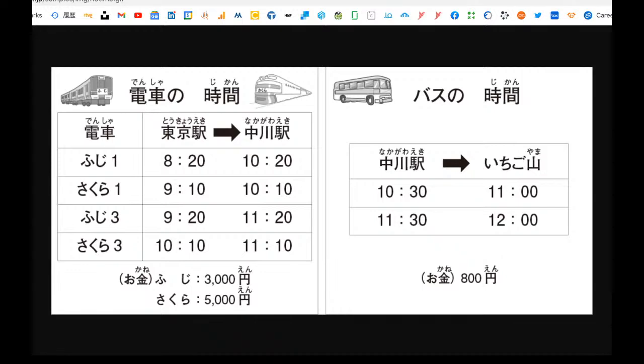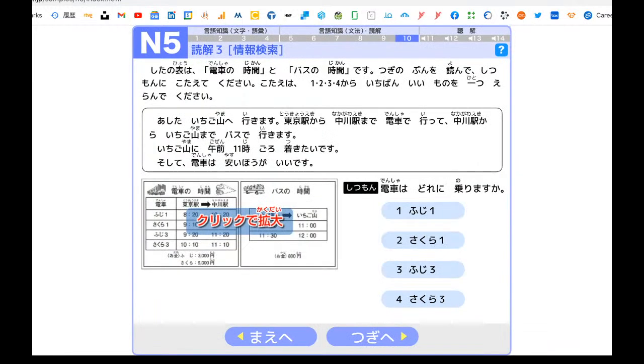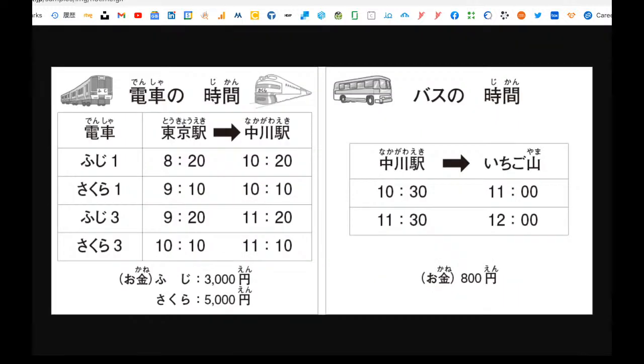So when you go back to the text and you see the very last sentence, 電車は安い方がいいです。Okay? Then maybe you will realize they mention about the fee, transportation fee, and お金 is money, so it explains how much it cost.